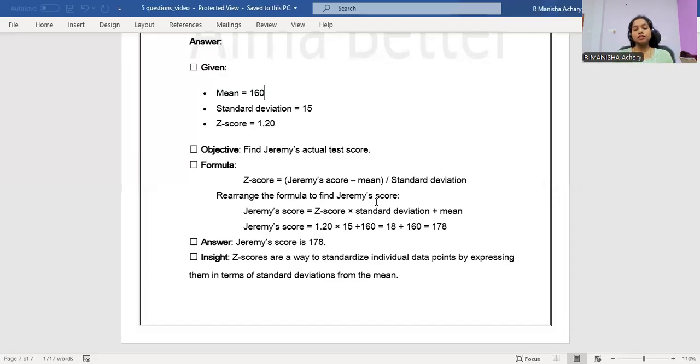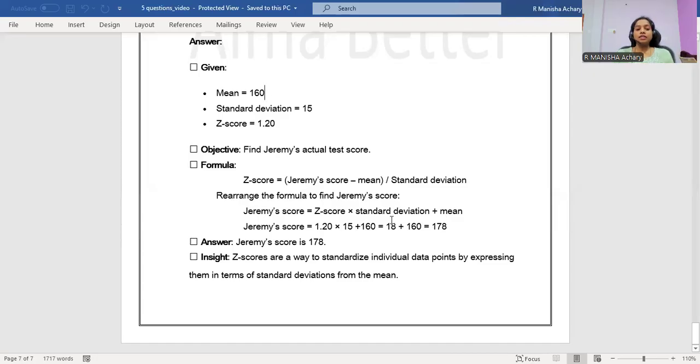Putting in the values, Jeremy's score equals 1.2 times 15 plus 160, which equals 178. So the answer is Jeremy's actual score is 178. From this, we have the mean 160, standard deviation 15, and Z-score 1.2.